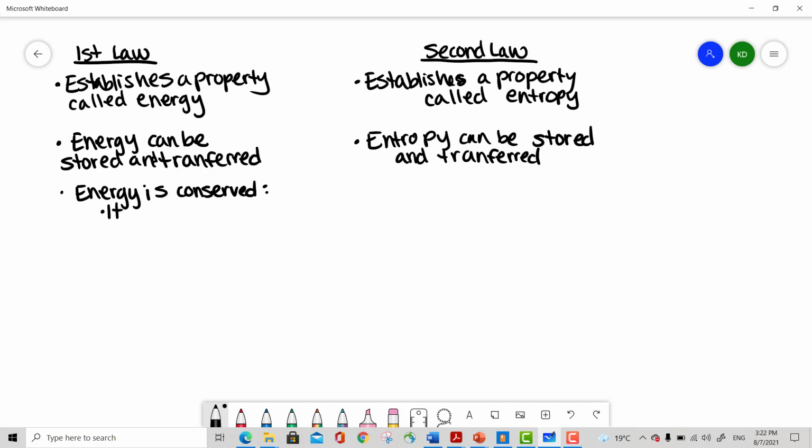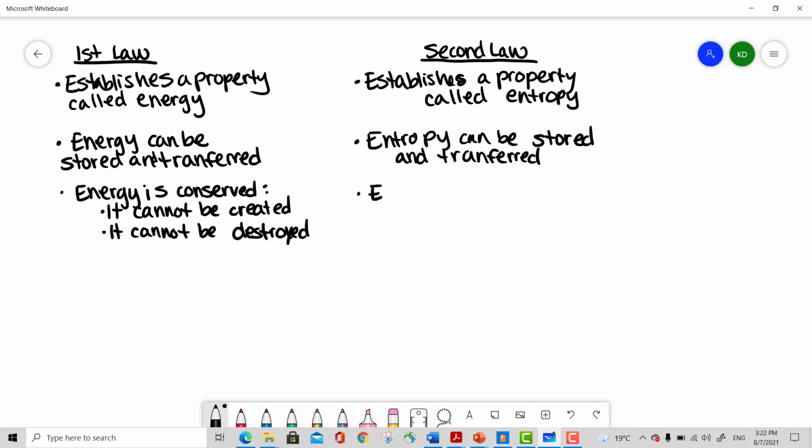Okay, and it cannot be created. It cannot be destroyed. Again, it's the whole first law.